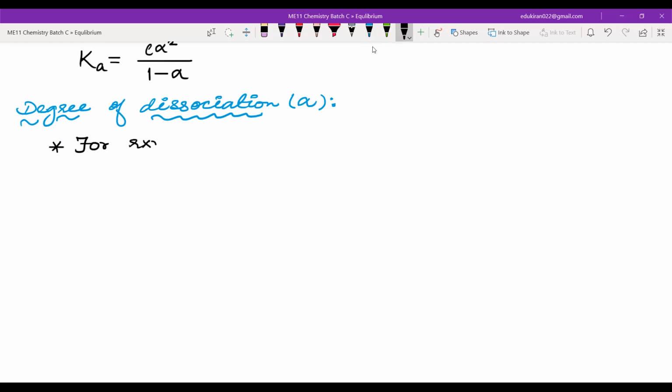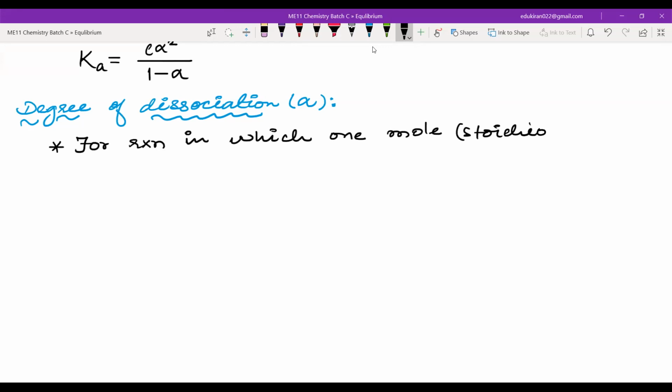For reactions in which there is one mole: when I write 1 mole, it does not mean we are taking the initial mole as 1 mole. It means in the reaction there is 1 mole on the reactant side. The stoichiometry is 1.